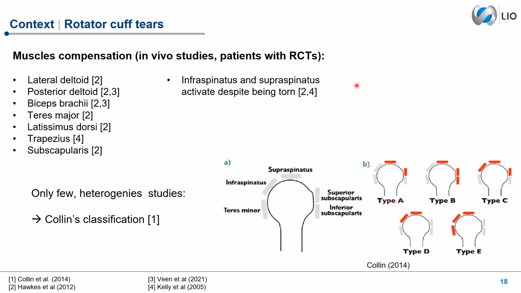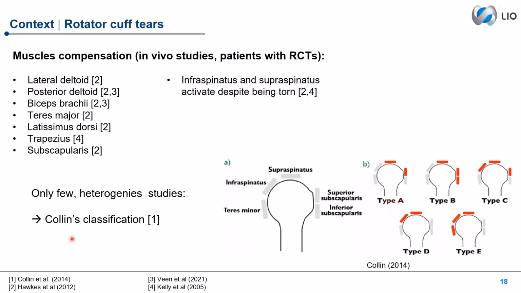All this variation in the studies is mainly due to there being no homogeneous classification, and also only a few studies with few subjects because of methodological challenges. For example, to assess those variations, we need EMG on the cuff muscles, and it's intramuscular EMG, but patients with RCT are really in pain, so there are only very few studies.